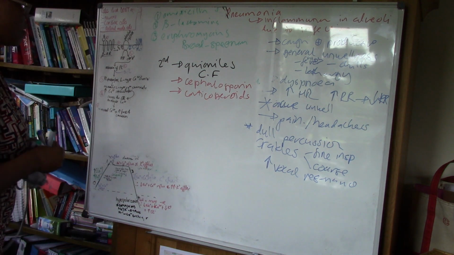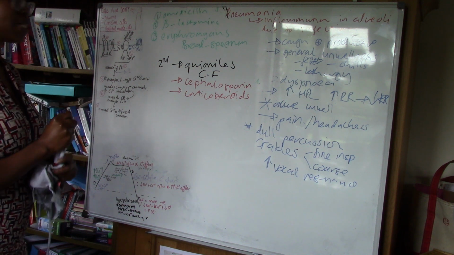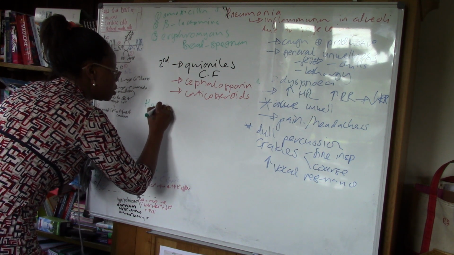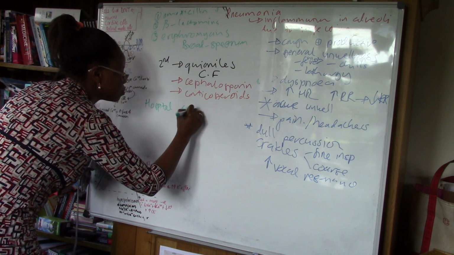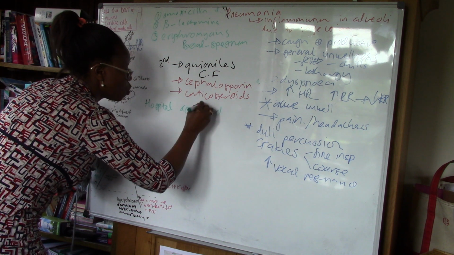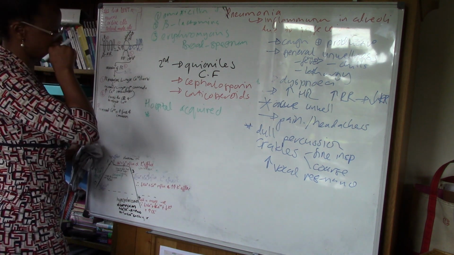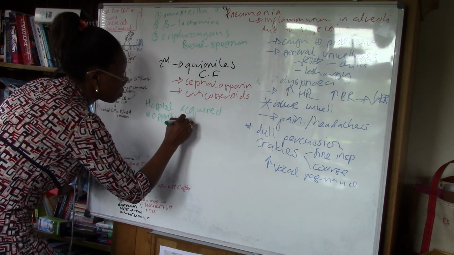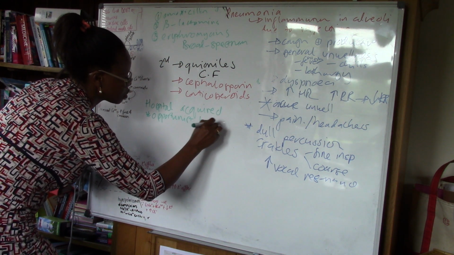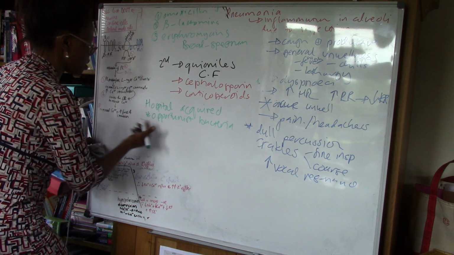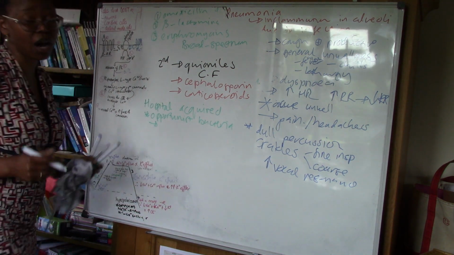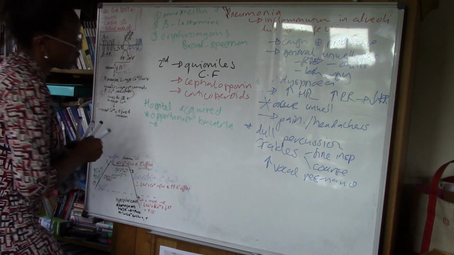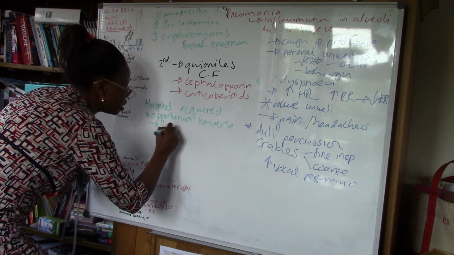And then if it's a hospital-acquired pneumonia, we expect that it's from an opportunistic bacteria. It's particularly things like Legionella, which can breed in air conditioning if the air conditioning is not maintained properly.